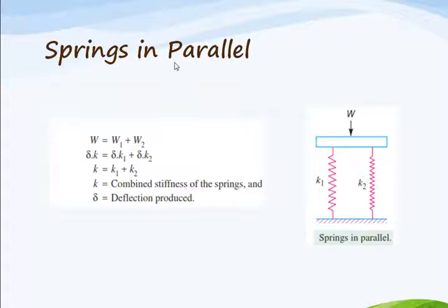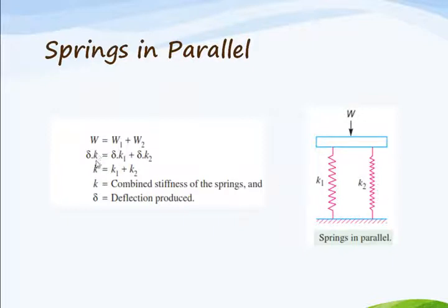Now see springs in parallel. If you take springs in parallel, this load W will be shared between the two springs K1 and K2. This K1 will take W1 load and this K2 will take W2 load.